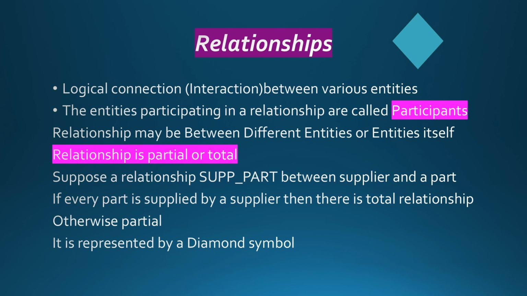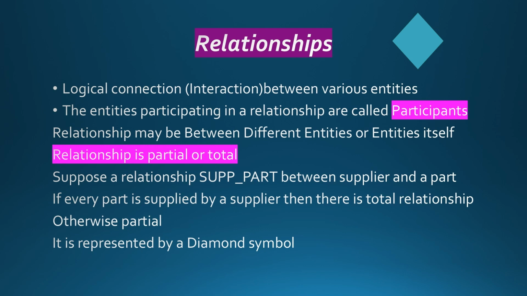A relationship may be partial or total. If a relationship exists between entities where every part of the first entity is associated with every part of the second entity, this is called total, otherwise it is partial.